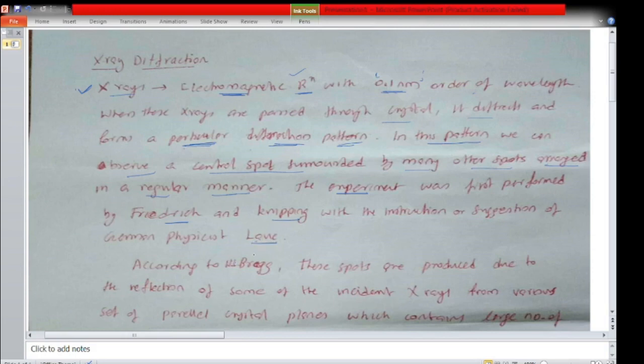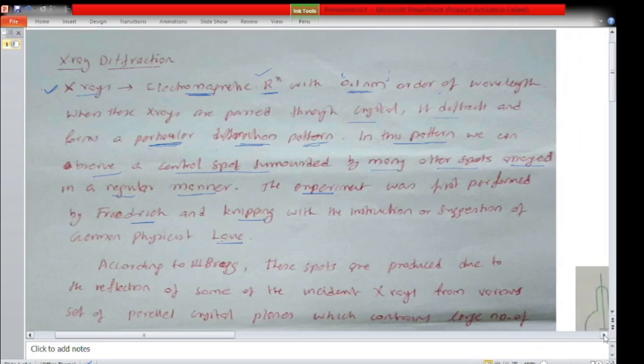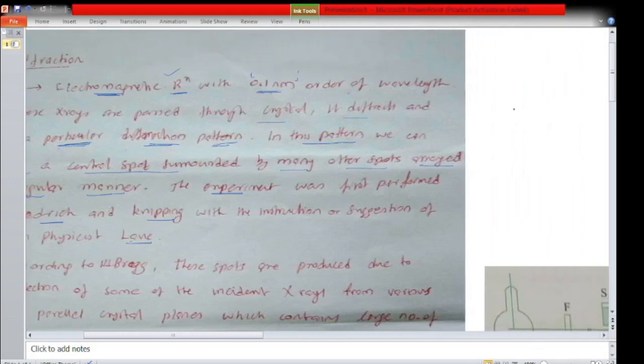Okay, so what we are doing here, we are just passing X-rays through a crystal, and we'll get some diffraction pattern. Let's say this is your crystal, and we are sending some X-rays from an X-ray source here. When it passes through the crystal, we can observe at the output a particular pattern.